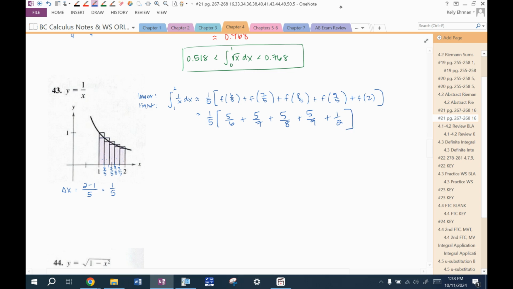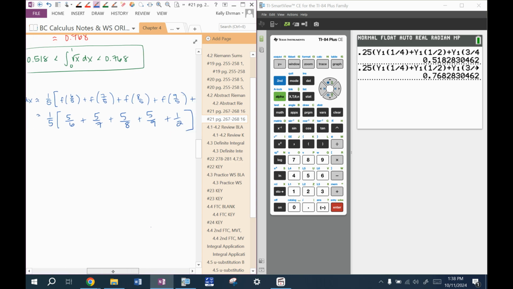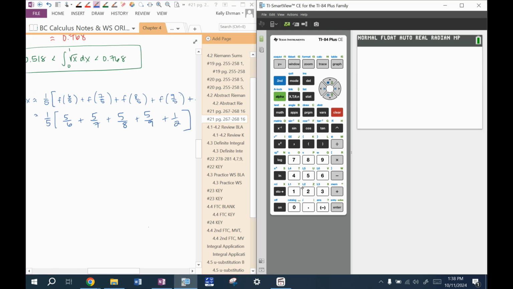I think I'm just going to type in the fraction version of this now. Okay, so 1/5 times the quantity 5 over 6 plus 5 over 7 plus 5 over 8 plus 5 over 9 plus 1 over 2. And I get 0.646.